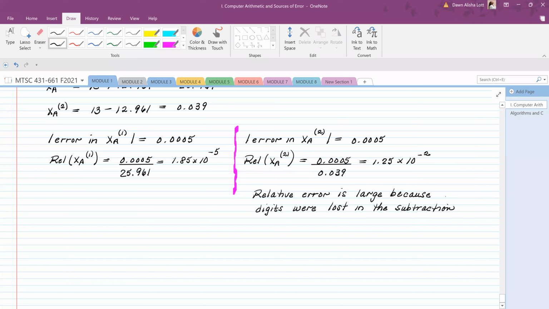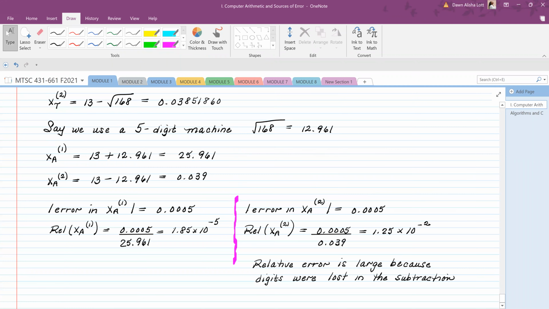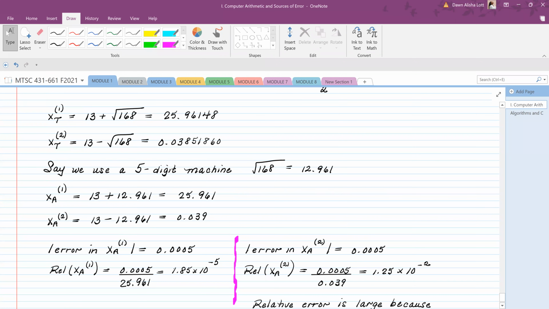So let's go back. When I computed the true value, we got 0.0385180. Okay. But notice what happens when we do the addition versus the subtraction. In the addition, we end up with still 5 digits, which I could write as 2.5961 times 10 to the first power.